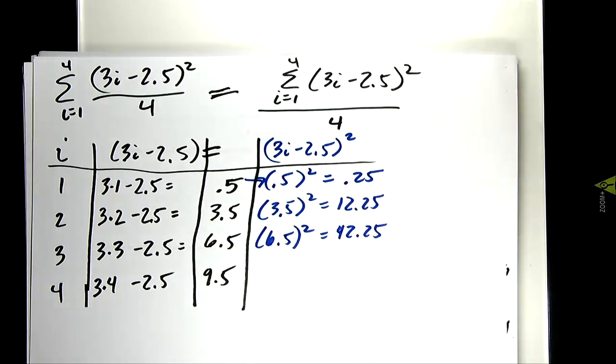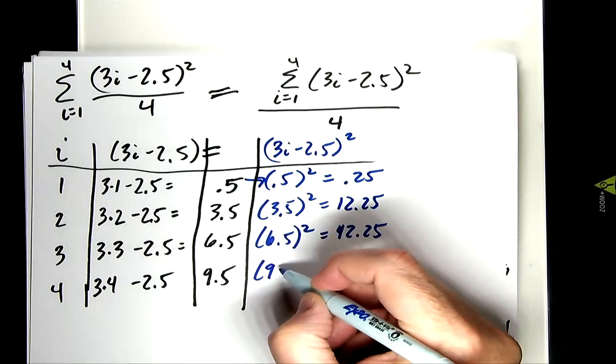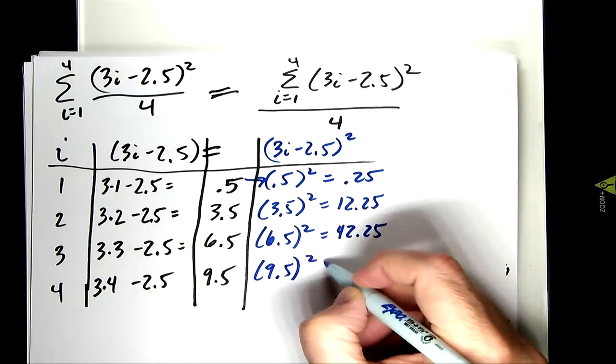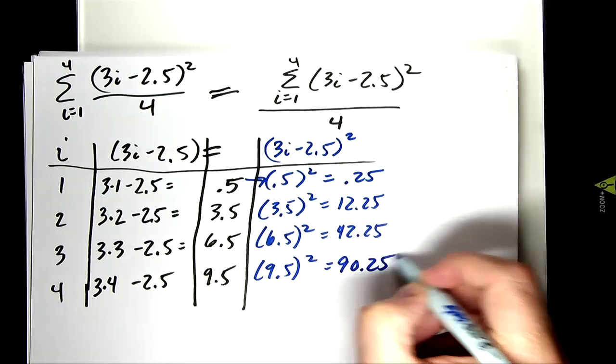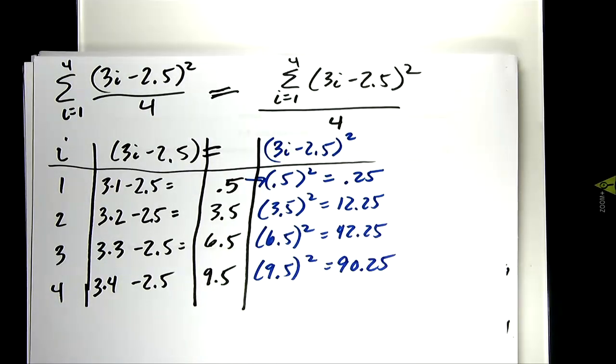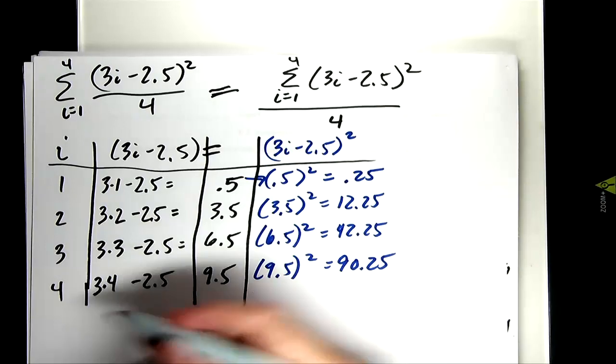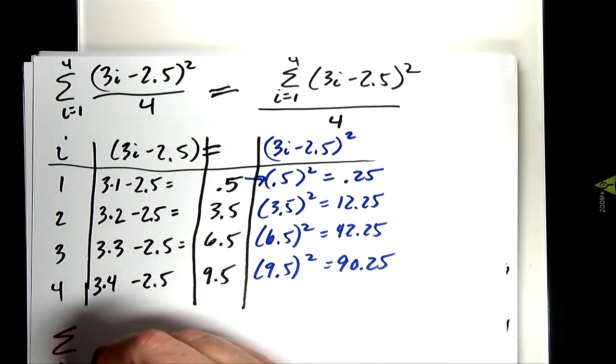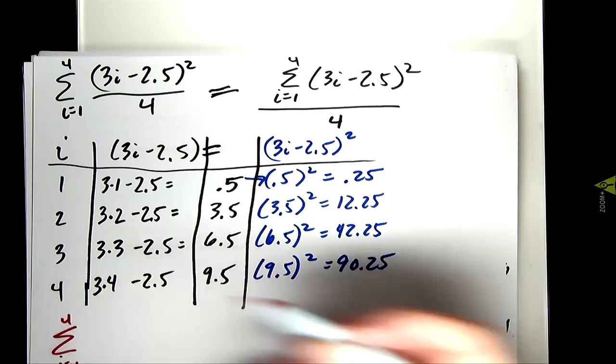And then 9.5 squared is definitely over 81. 90.25. So we did all of the 3i minus 2.5 squared. Now we've got to do the summation part. The summation i equals 1 to 4 just says add those up.